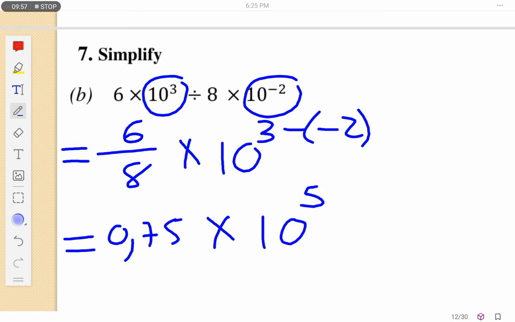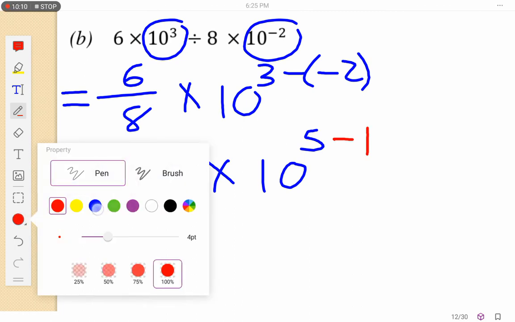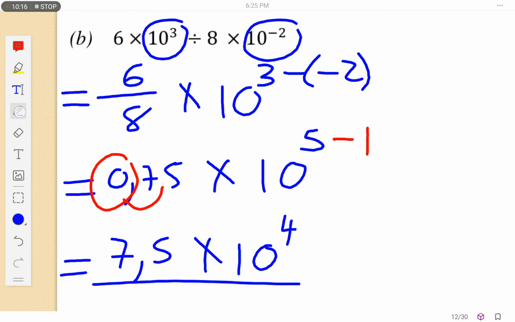But here we don't have a number in standard form, so I'm going to move it this way, which is going to be a minus 1 here. So I will subtract. If I subtract, I'll end up getting 7.5 now times 10 to the power of 4. This becomes the answer there. Let's move on to the next question.